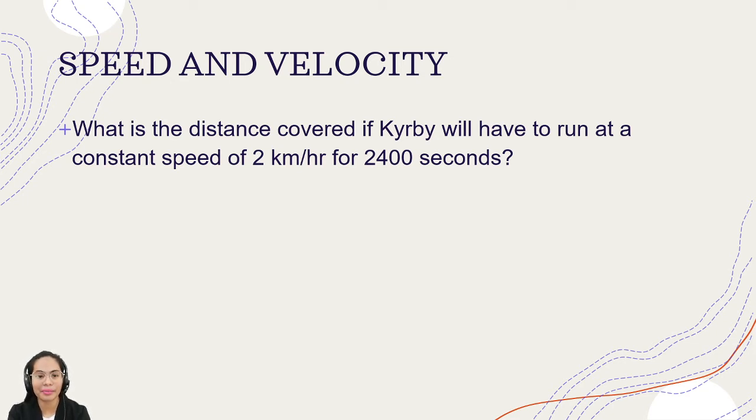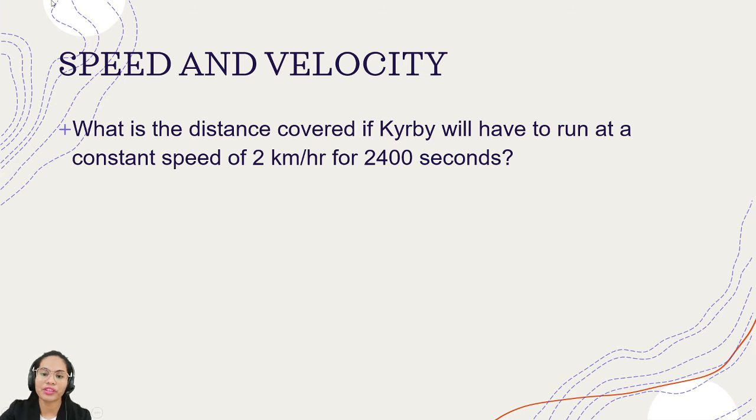Actually, pwede mong gamitin ang kilometers to identify the distance, or you can just simply use the meters. No matter what unit you're going to use, it's okay. It doesn't matter as long as you can get the correct answer.